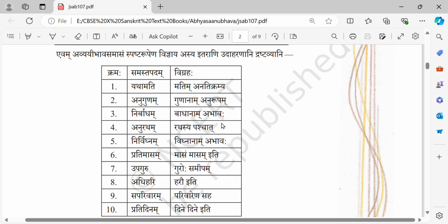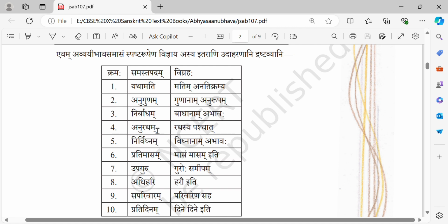Abhavaha means without. Now, nirjalam. Jalasya abhavaha. Nirjalam. If you take one format, it is the same for other words also.